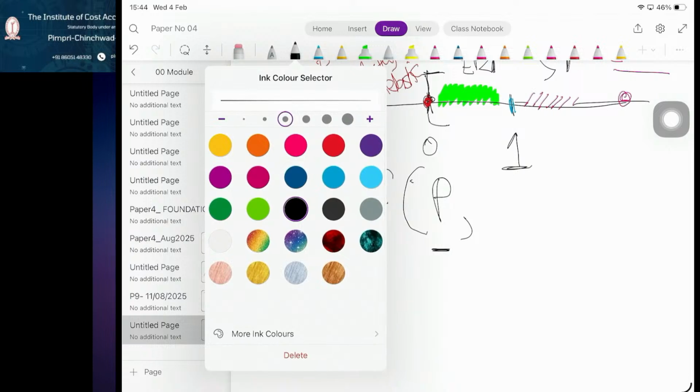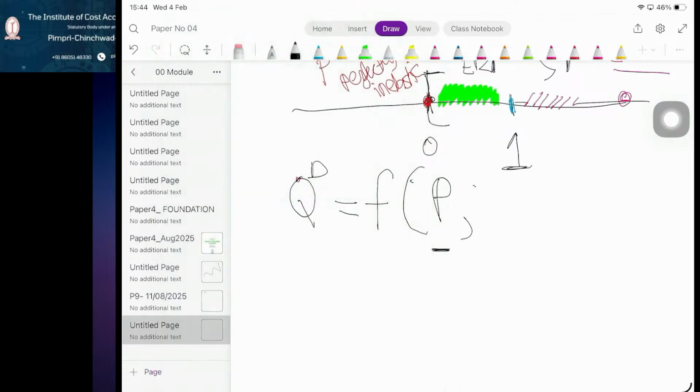Important among them is income. And we also did price of related goods, substitutes and complements.